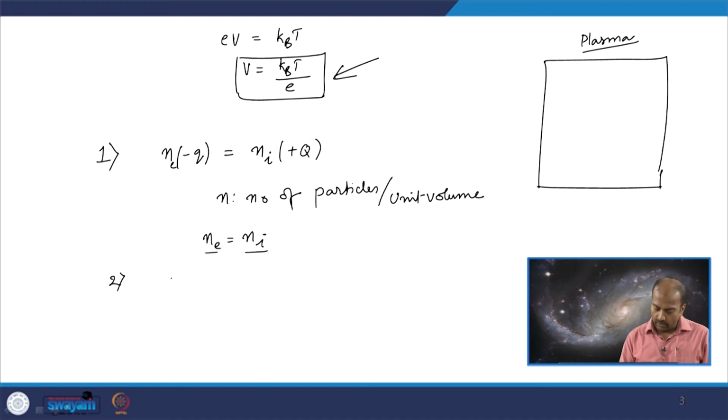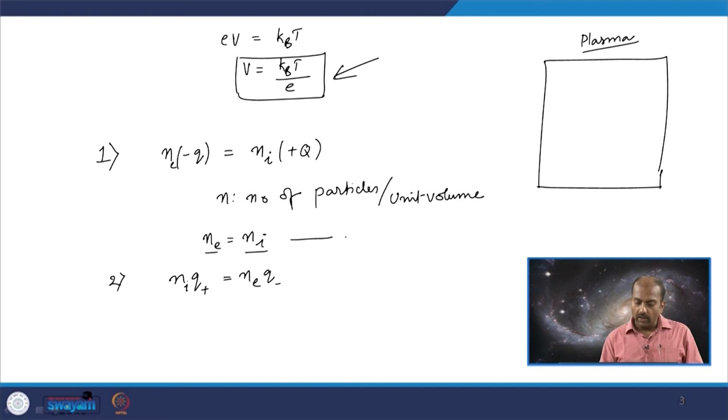In addition to this, the total positive charge, let us say Ni q plus, is equal to Ne, the number of electrons, times q minus. Generally, if you think of ions with a single positive charge, this condition itself is sufficient to say that there are equal amounts of positive and negative charges.